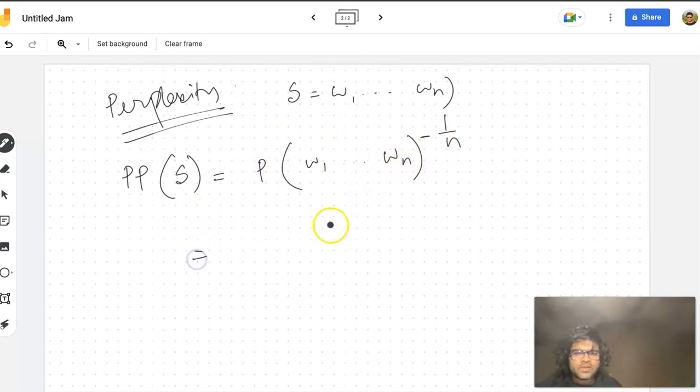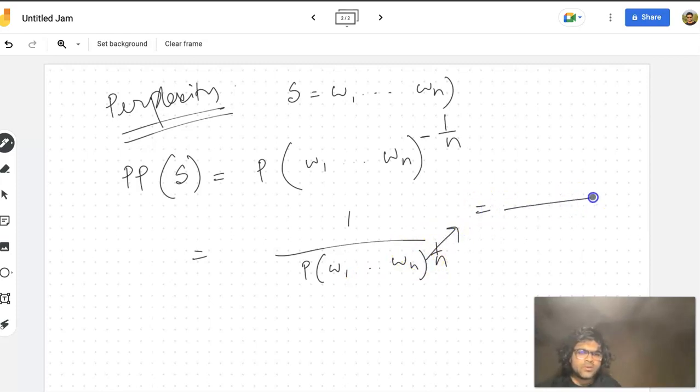Basically, if we take this, the minus will go down. And if we go to the chain rule, it will be 1 by the summation of the whole thing: the probability of Wi given W1 to Wi minus 1.